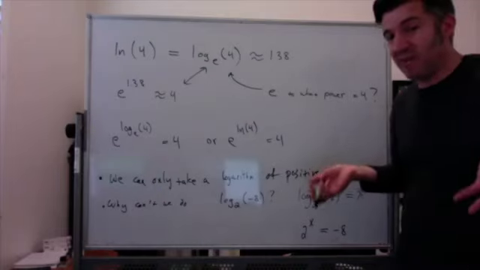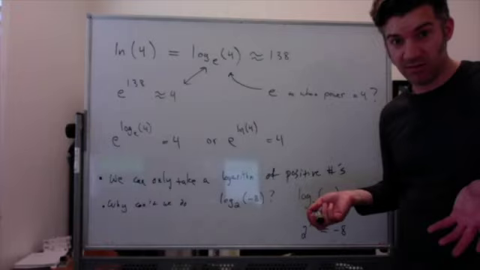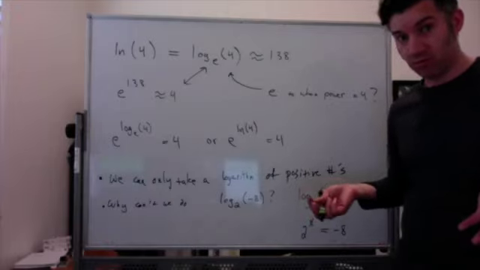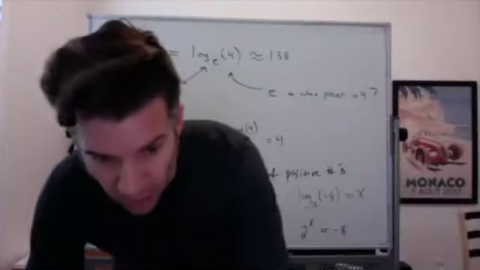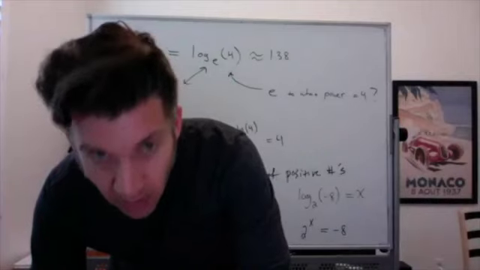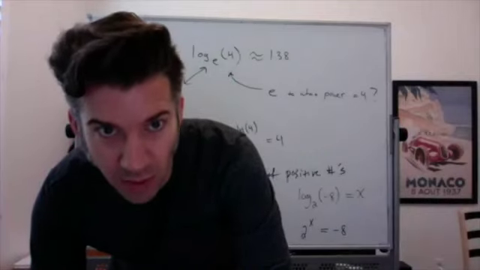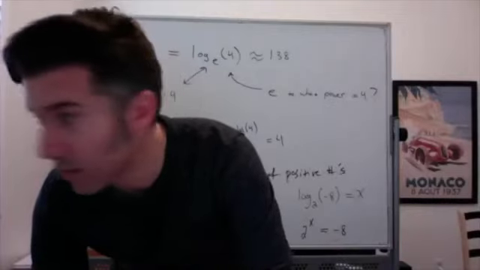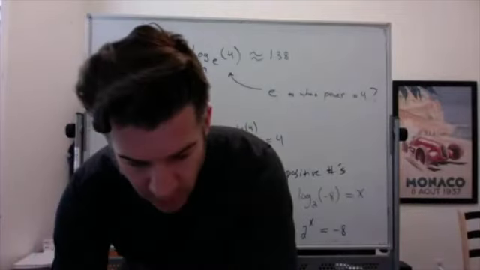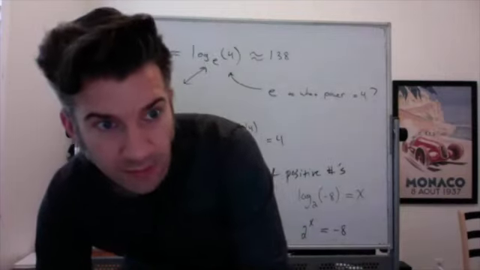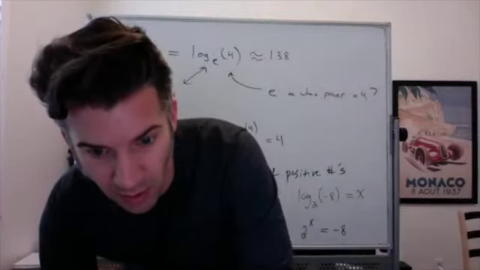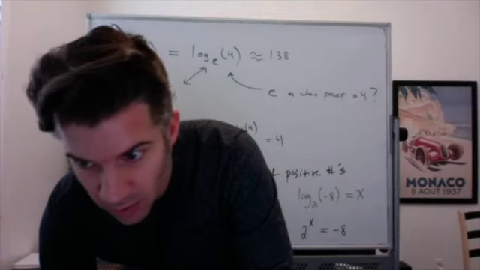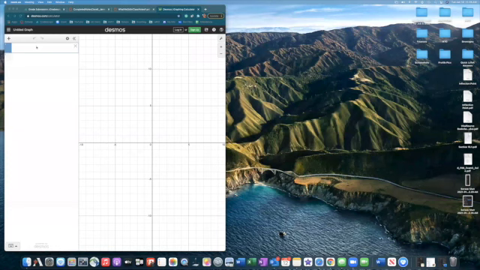But 2 to any power is going to be positive. It's true. In fact, let me show you real quick on this graphing calculator. So check this out. If I graph 2 raised to any power, look at that graph.